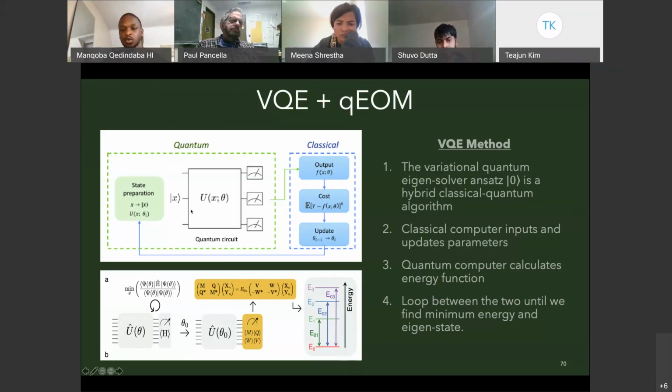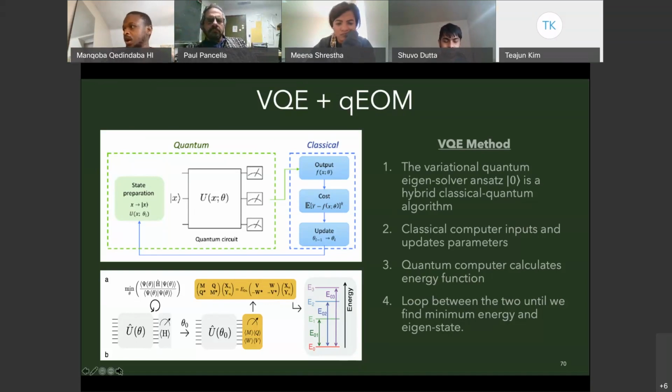And this goes back and forth until you find the minimum value. And then, once you find the minimum value, you put that in there, get the expectation of all those operators, then calculate that, and now you get all the excited states.